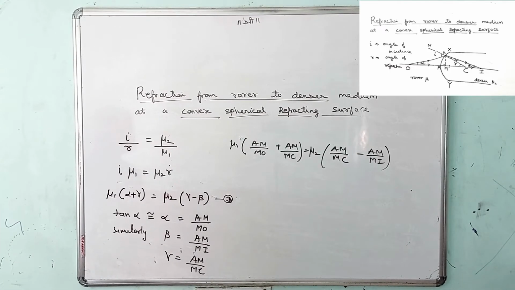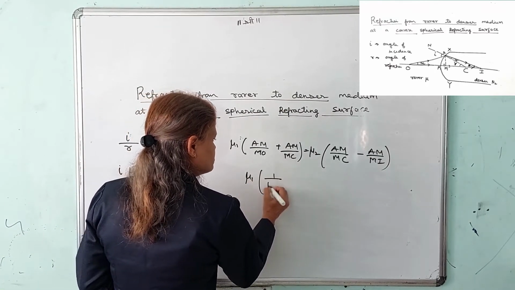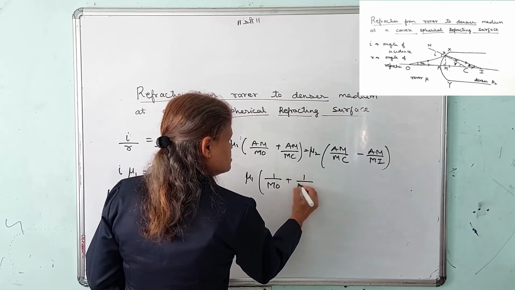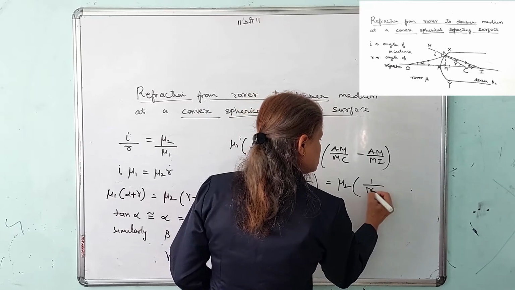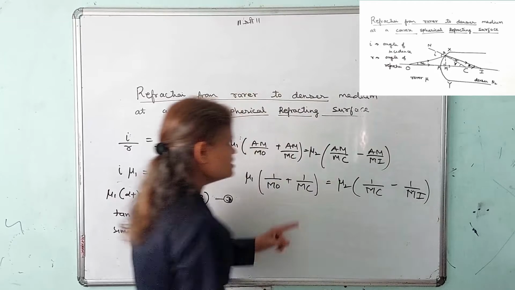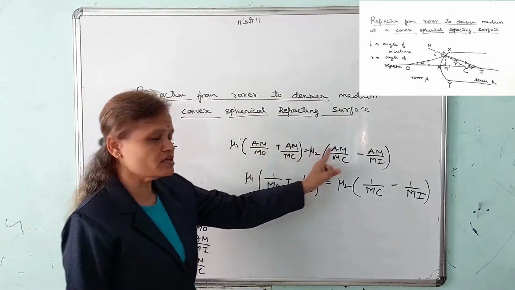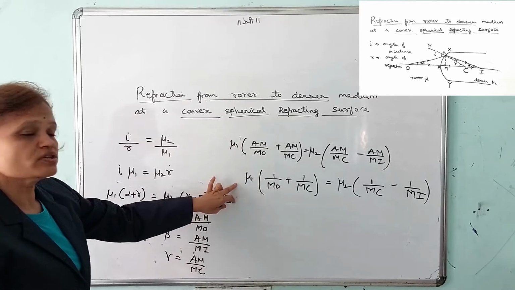Now what you can do in this: I've just substituted alpha, beta, gamma, taken AM common and cancelled it out. So mu 1 ... you can see that in this equation each term has AM in the numerator, so we cancel it out and we have got this.